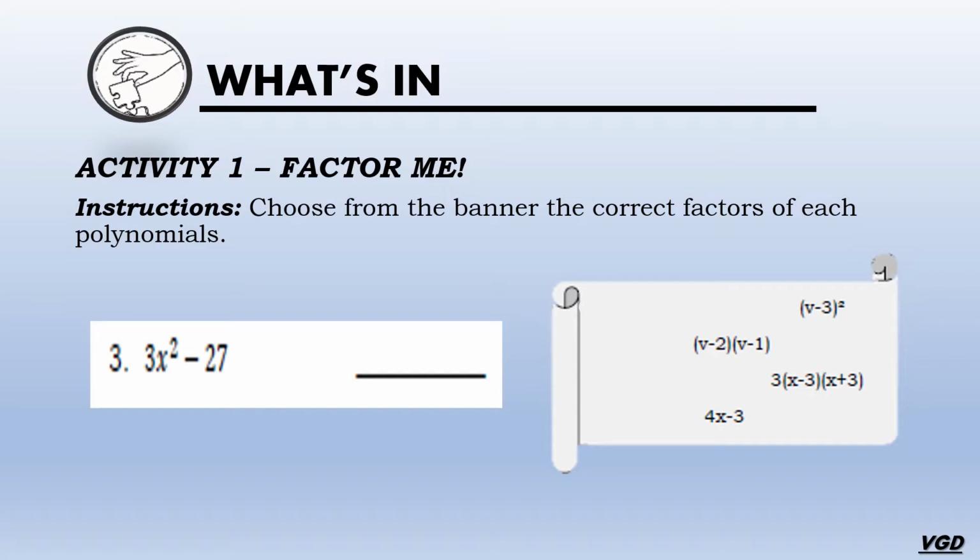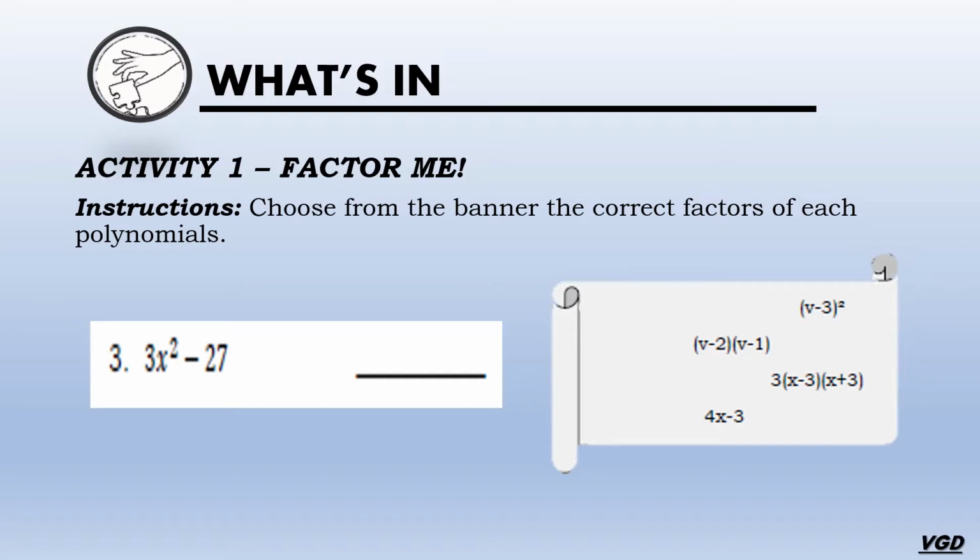Now let's proceed to number 3, 3x squared minus 27. In the banner, there are two choices with x. So therefore, we have to solve this number 3. Since number 3 is a binomial, all we have to do is to get the greatest common monomial factor and the remaining factor. The greatest common monomial factor for 3x squared minus 27 is 3, and the remaining factor is x squared minus 9.